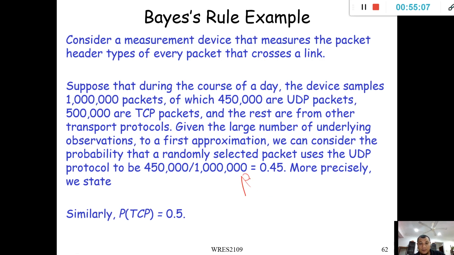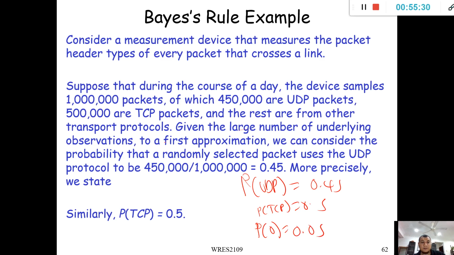So you have P(UDP) is 0.45, P(TCP) is 0.5, and the rest are from other transport protocols, P(others) is 0.05. Given the large number of underlying observations, we can consider the probability that a randomly selected packet uses the UDP protocol to be this one.